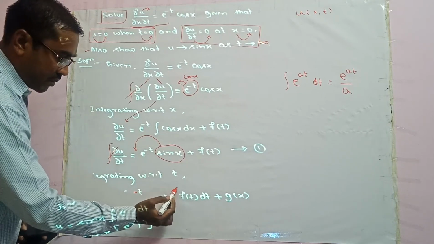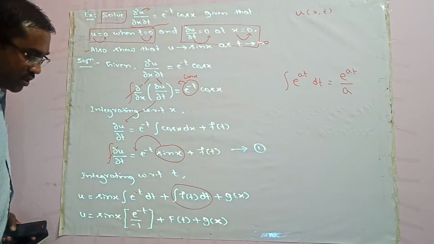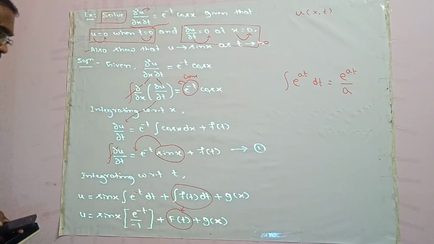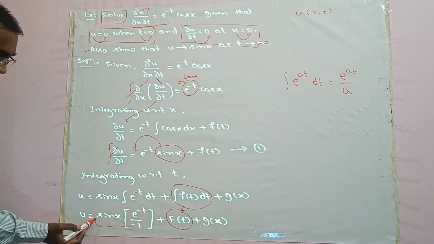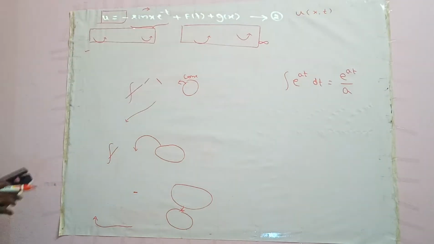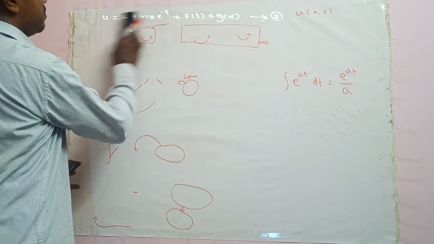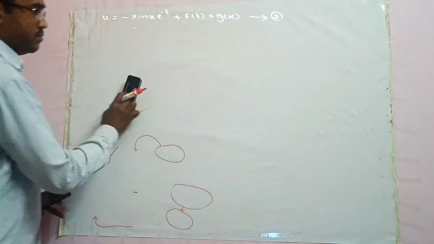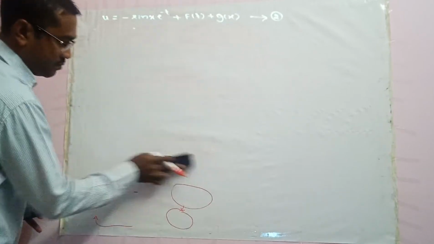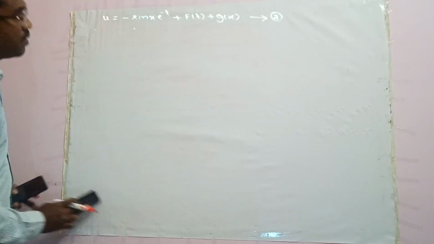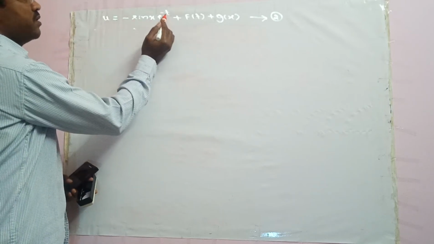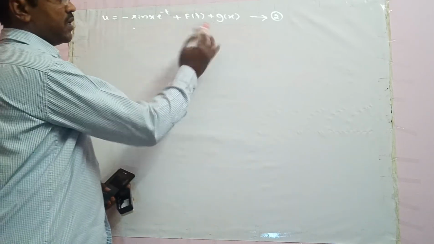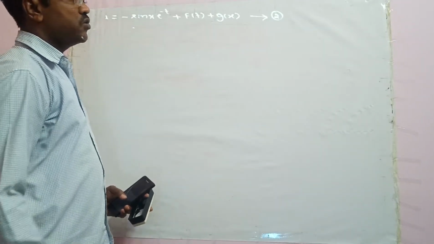Plus, you can take this as capital F of t. Take this as F of t and write g of x as it is. This minus will be multiplied here in the next step, so it becomes minus sin x e to the power minus t plus F of t plus g of x, right? If they don't give the conditions in the question, you can stop here.